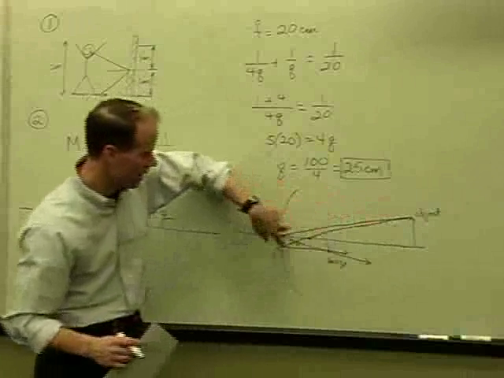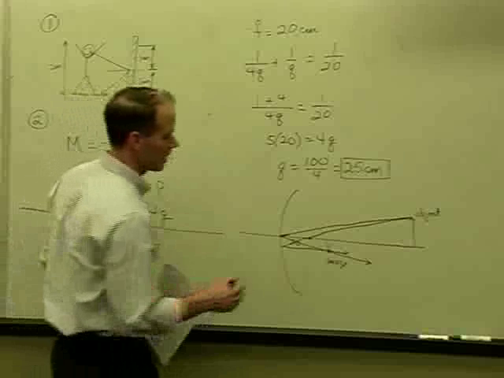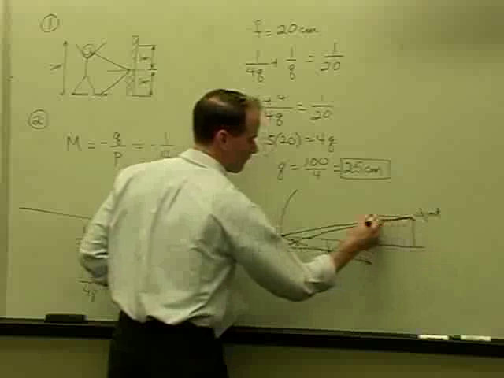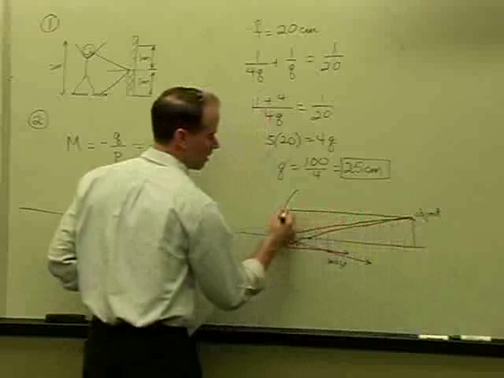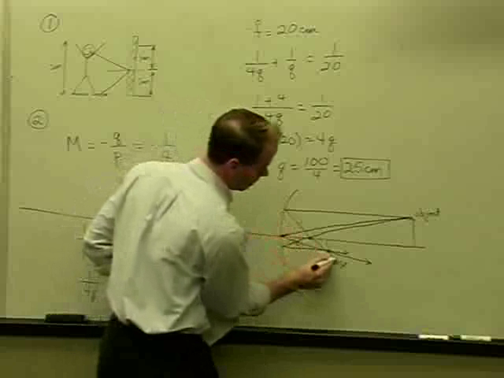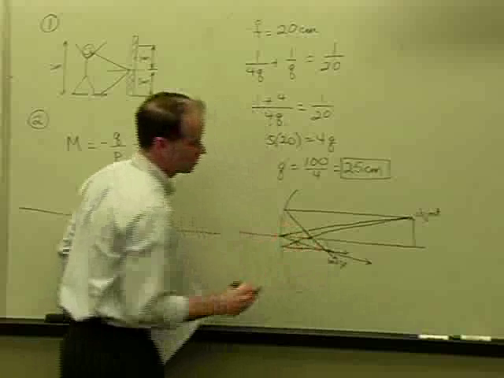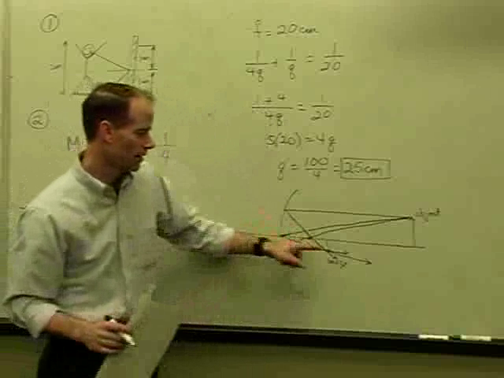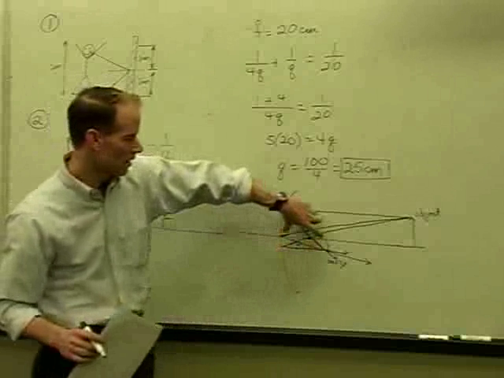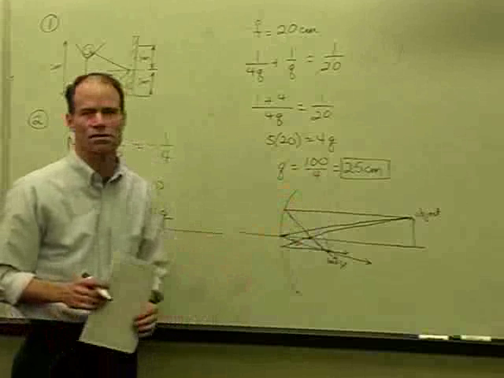So actually those two rays would define that point for the image. And last thing I could do is bring in a ray that came in parallel. Anything coming in parallel will reflect back through the focal point like that. So I could have chosen any two of those three rays, and that would help me set up where the image was. The image ends up being just beyond the focal point, but inverted and 1/4 as large as the object.